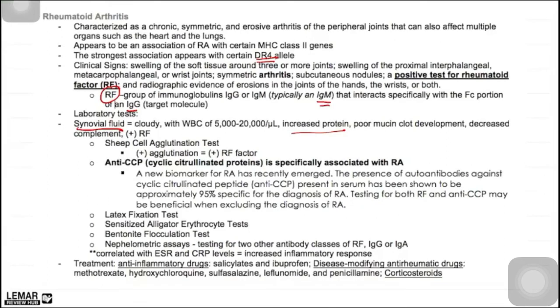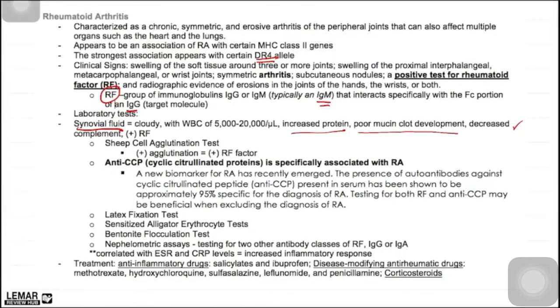It would present a negative mucin clot test, so there would be poor mucin clot development. And what else is detected in that synovial fluid? Decreased complement and positive RF, or positive rheumatoid factor.